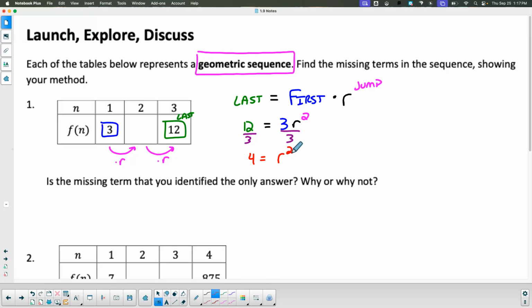So what is multiplication and division in math? What do they do to each other? They're opposite, or they cancel each other out as long as we're multiplying by and dividing by the same thing, right?